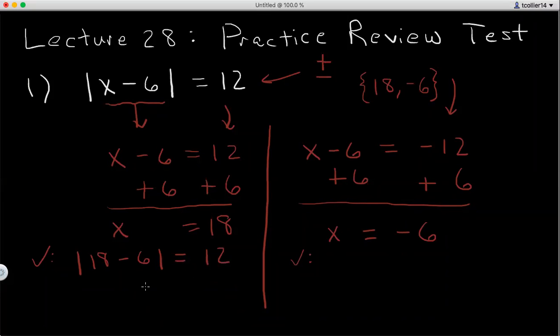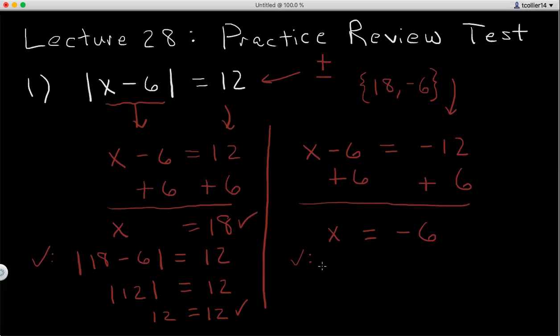It should be, if we chose the right number for x. So what's on the inside? 18 minus 6 is positive 12, so you're taking the absolute value of a positive number, and it stays positive. So I get 12 is equal to 12. True. That means the 18 is going to work. That's one of my answers.